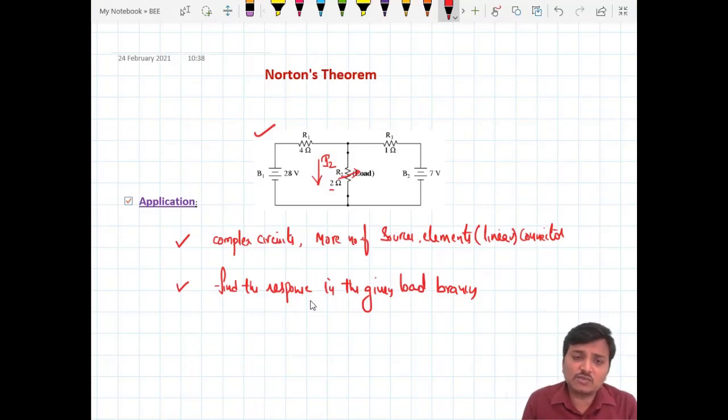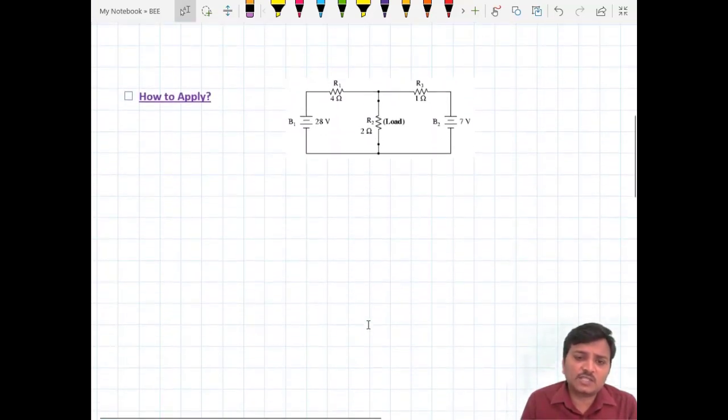That is the main application of Thevenin's and Norton's theorems compared to the other methods. So it is very important for variable load cases, where the load resistance changes frequently and you want the current response in the particular load branch. Let us see in detail how to apply Norton's theorem to a given circuit.